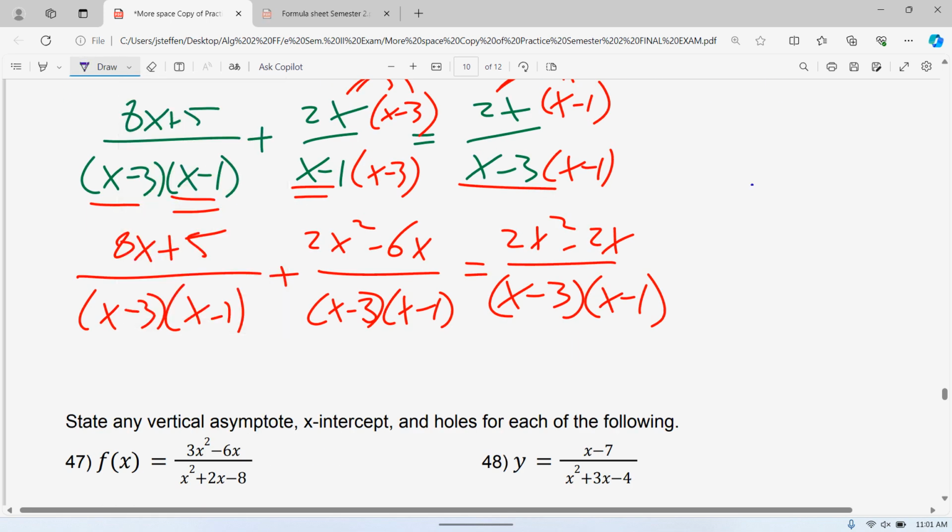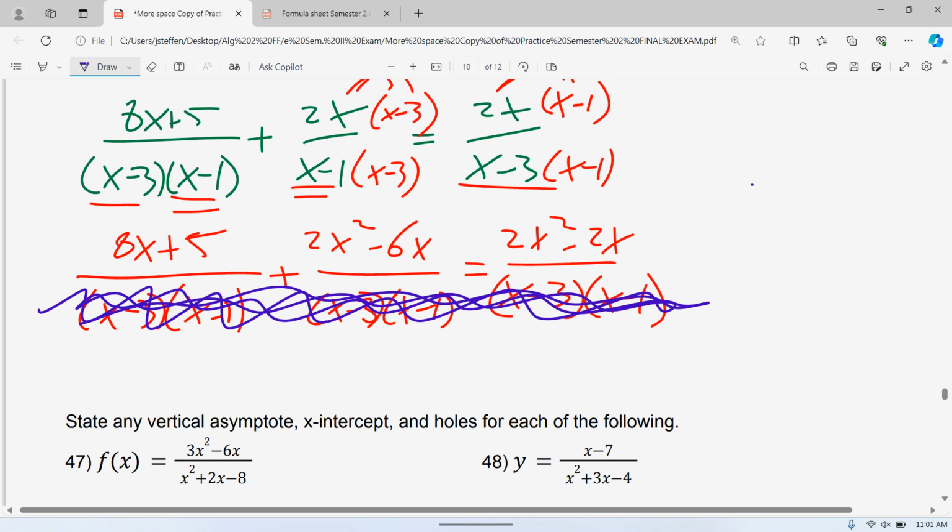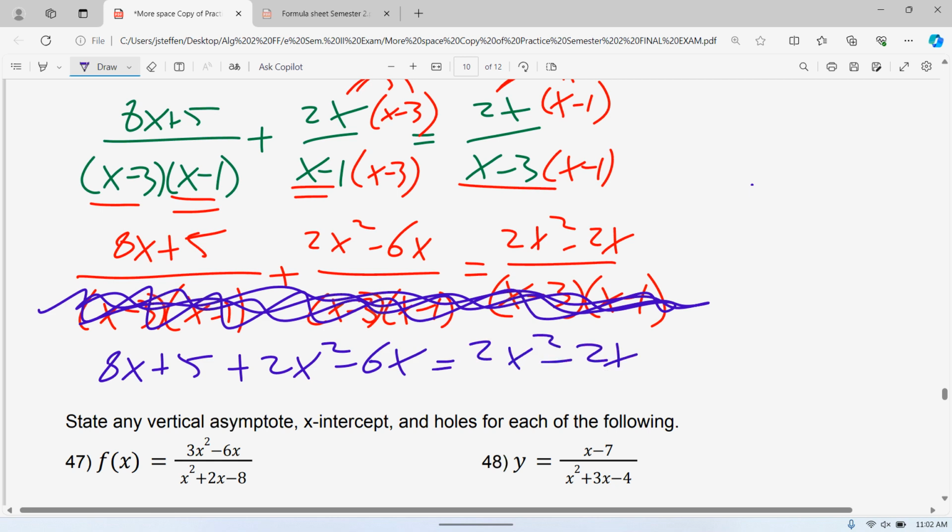So don't actually do this on your paper. It's multiple choice, so it can't be one. We're just looking at your numerators. So 8x plus 5 plus 2x squared minus 6x is equal to 2x squared minus 2x. To combine your like terms, that's the first thing I would do.